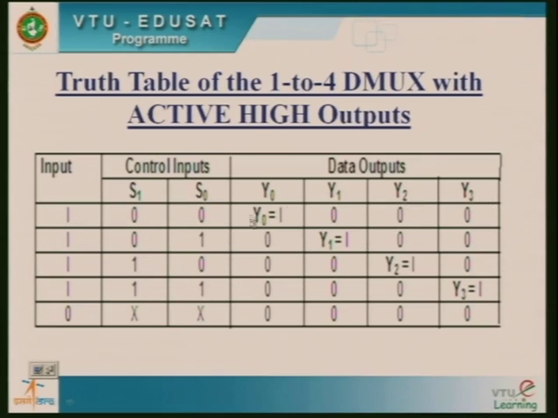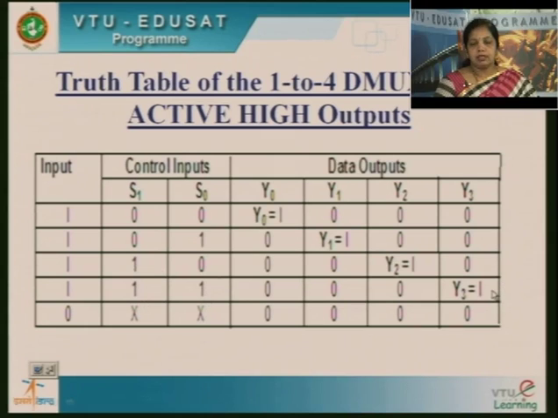At a time one of the outputs is I. So when I give 0 0, Y0 is I. When I give 0 1, Y1 will be I. That is nothing but whatever input you are sending is sent to the output side. Similarly Y2, you will get this input at the output side whenever S0 and S1 are 1 and 0. If it is 1 and 1, it is redirected to Y3.